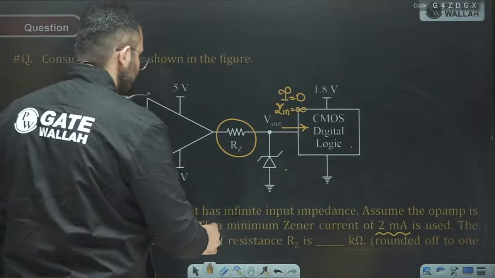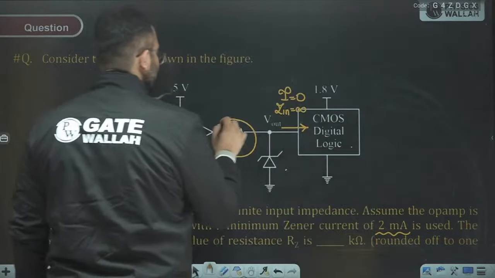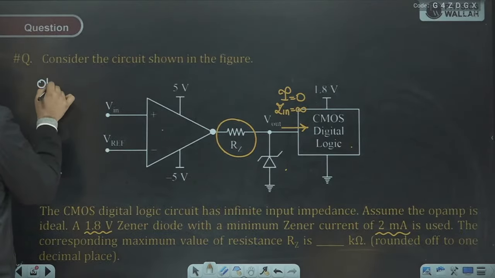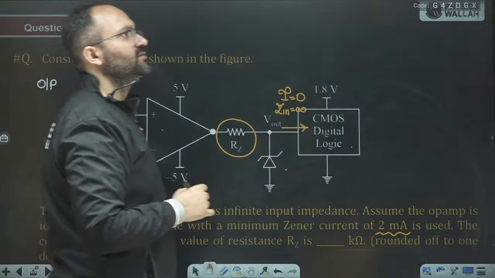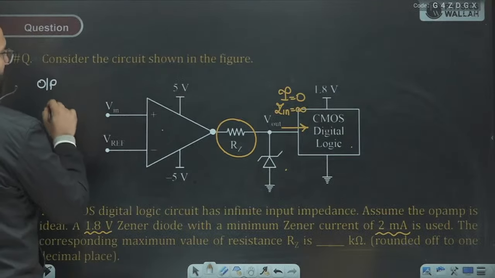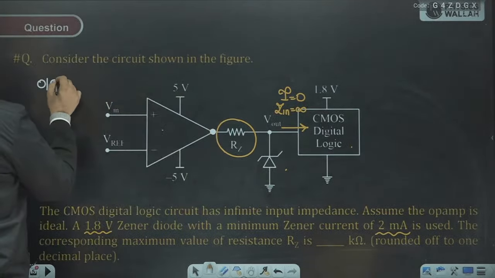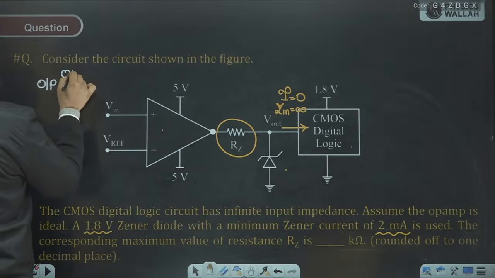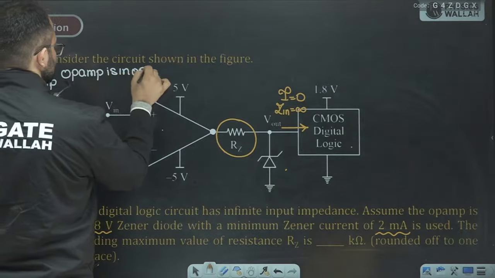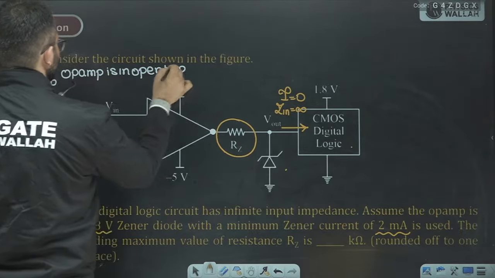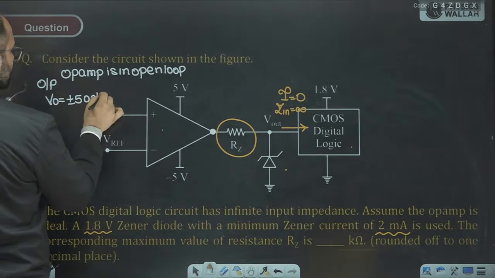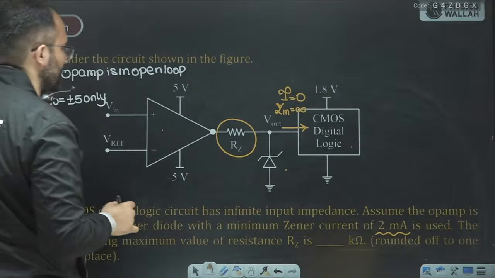We can see that the Zener diode will be on only when the output here is 5. Since the op amp is in open loop, the output VO can be plus minus 5 only.